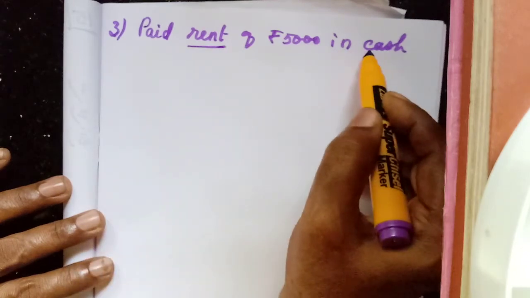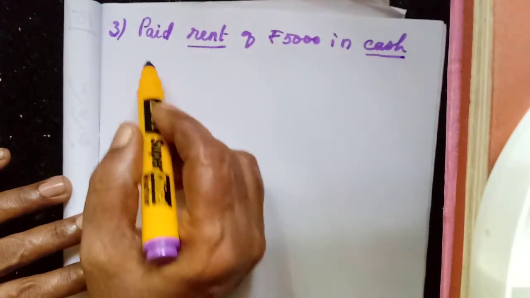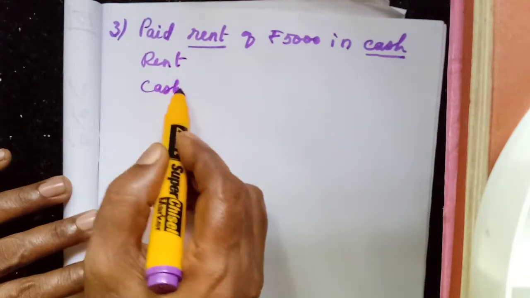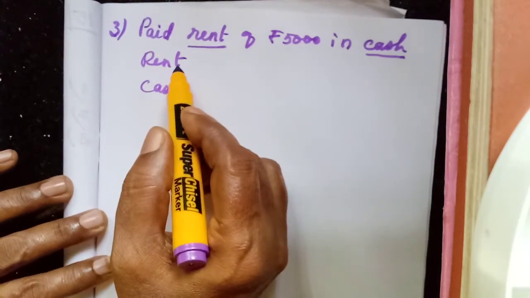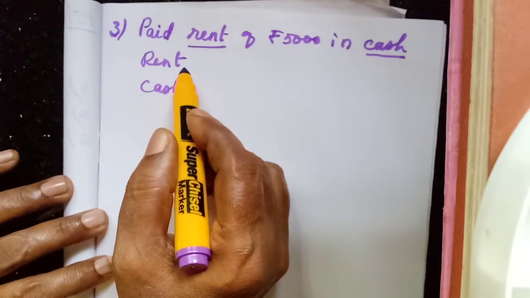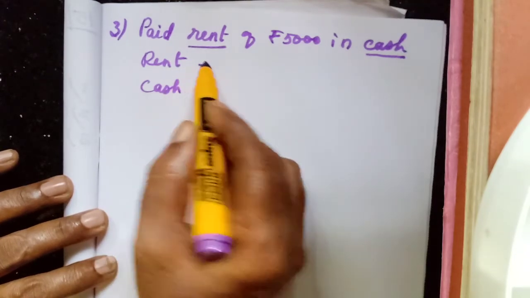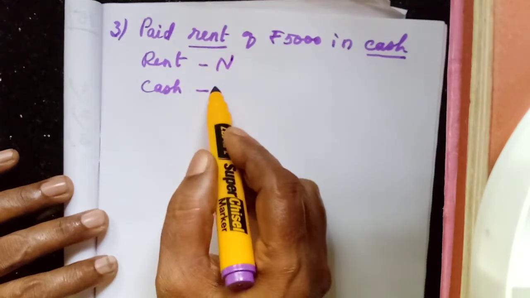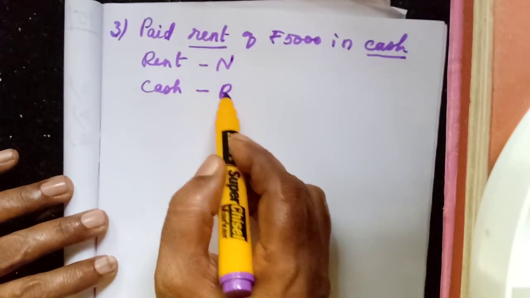Then we are paying cash. So accounts involved are 2: rent and cash. Here rent account is a nominal account, cash account is a real account.